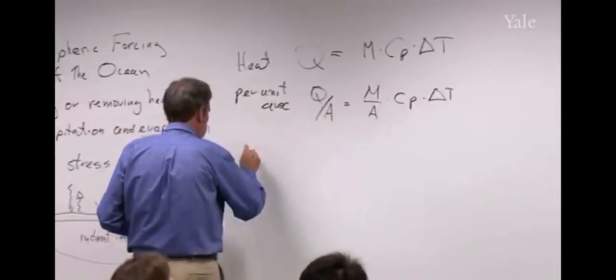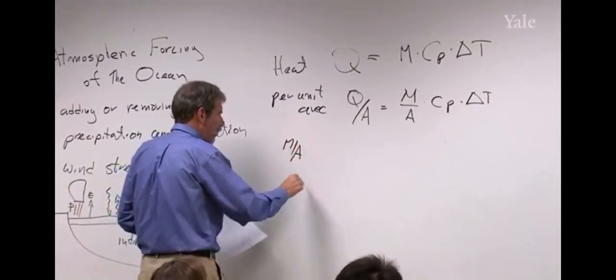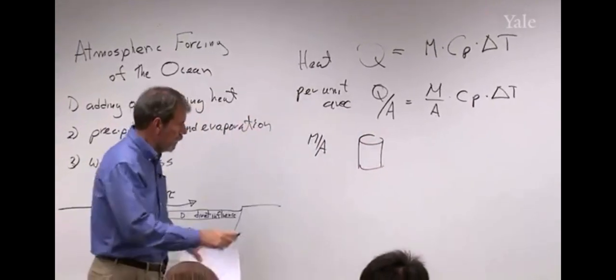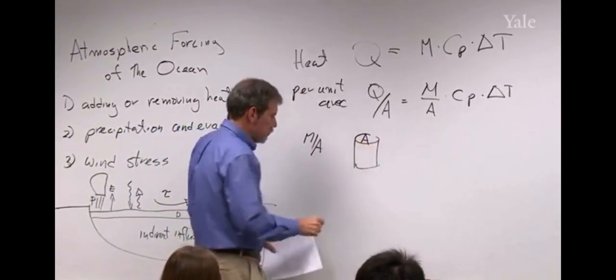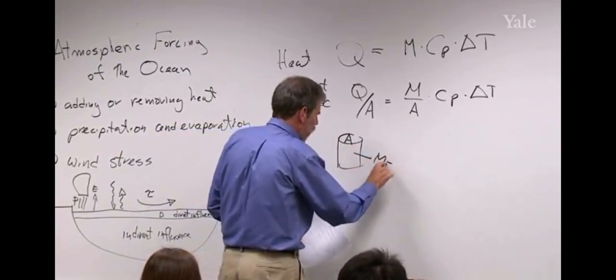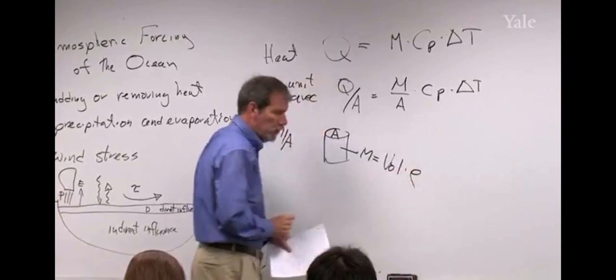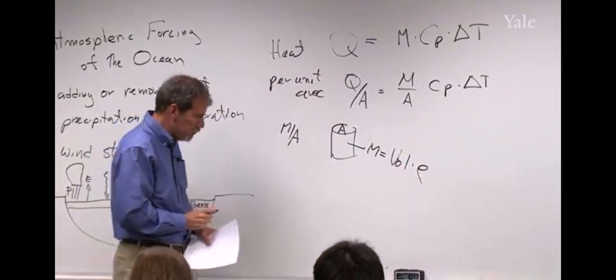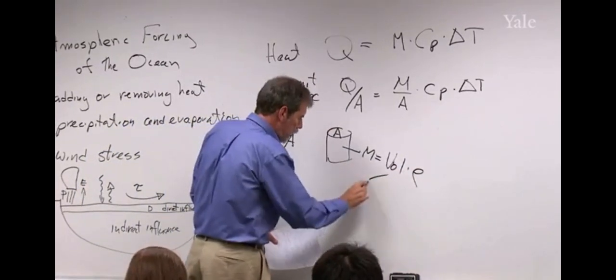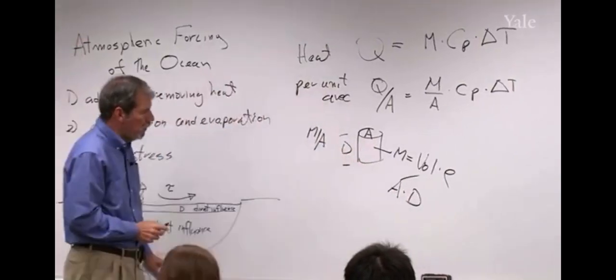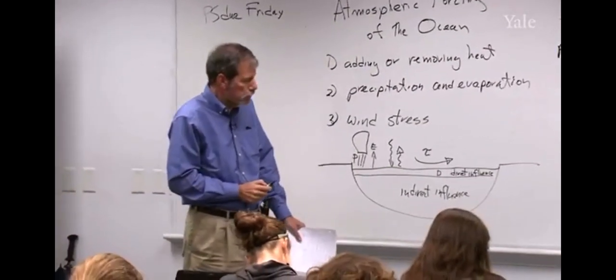The mass per unit area, if you think of a piece of the ocean, a little cylinder of area A, its total mass is going to be its volume times the density of the water, and the volume is going to be the product of A and D, where D is the depth of that cylinder.